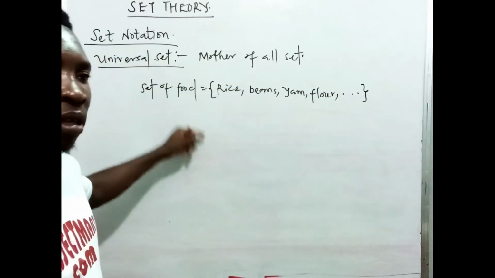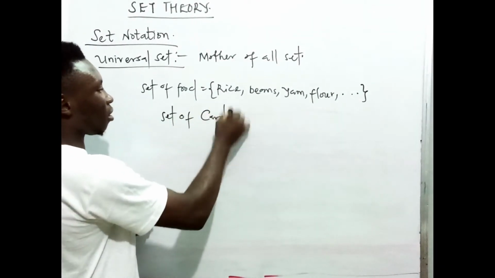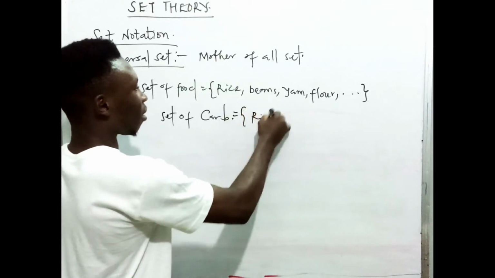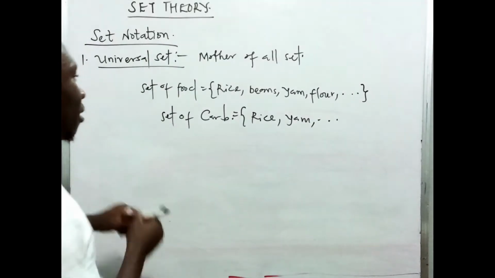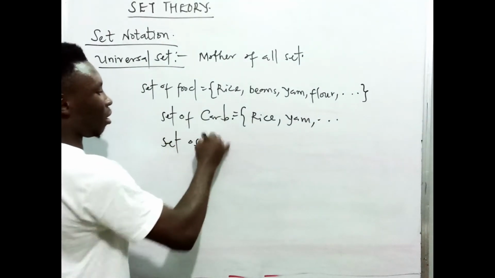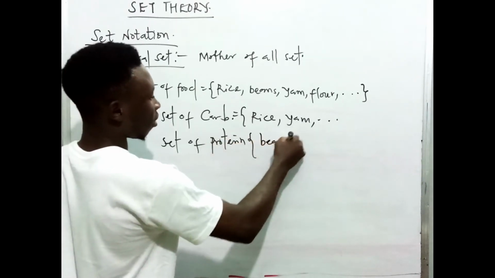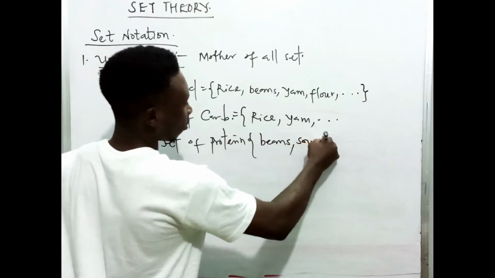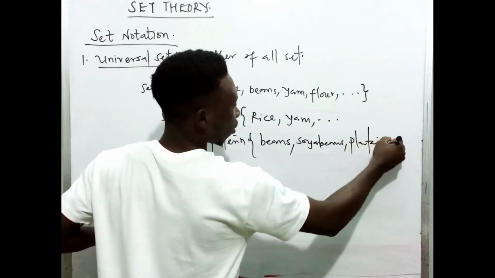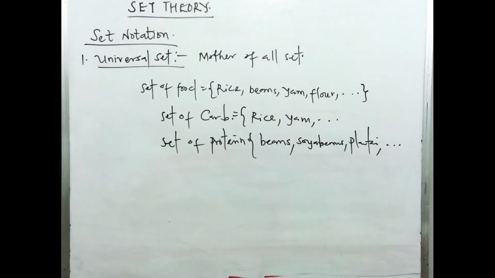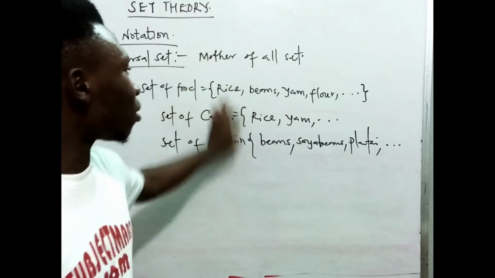So if I say set of carbohydrates, and I say rice, yam, etc. Now, if I say set of protein, set of proteinous food, say beans, soya beans, plantain, etc. If you pay attention, this set of carbohydrate was brought out from the set of food, the set of protein was brought out from the set of food.